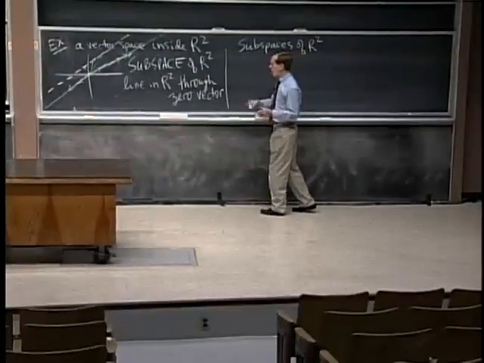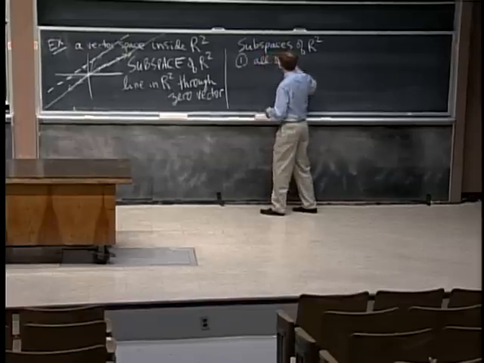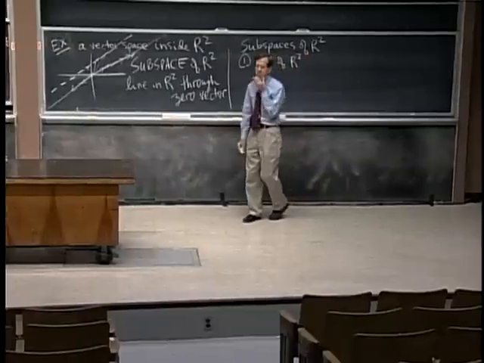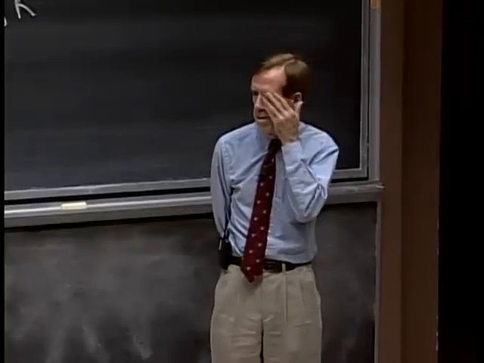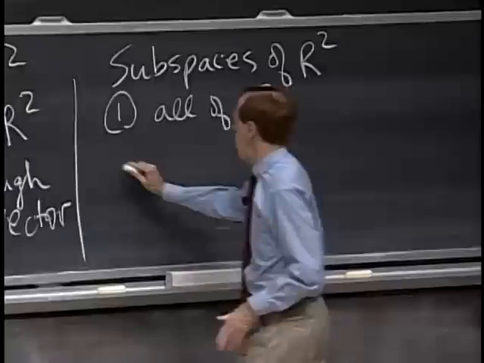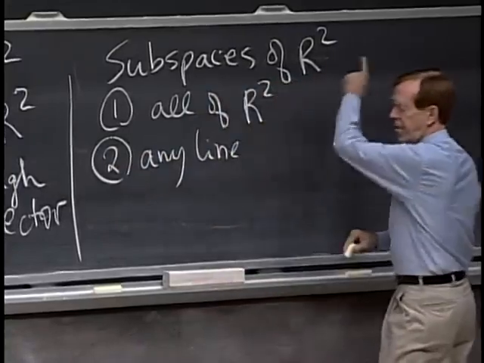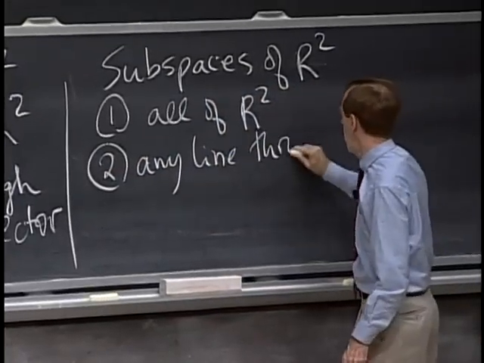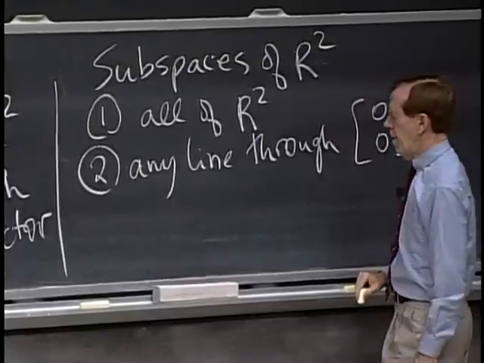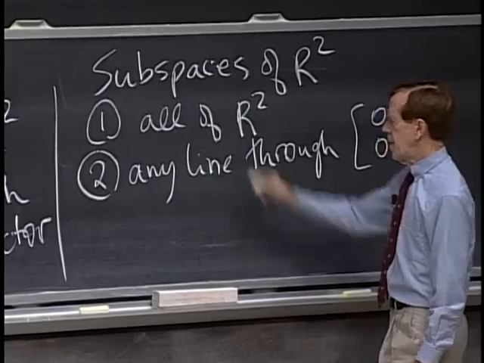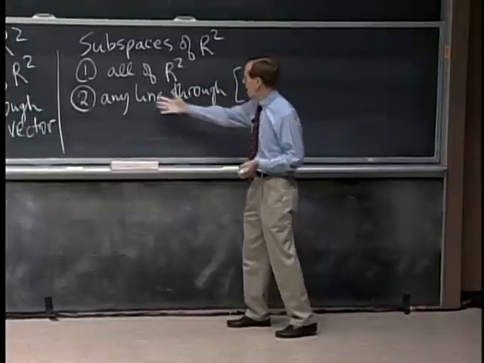And one possibility that we always allow is all of R2, the whole thing, the whole space. That counts as a subspace of itself. You always want to allow that. Then the others are lines, any line, a line meaning infinitely far in both directions through the 0. So that's like the whole space, that's like a whole 2D space. This is like one dimension.